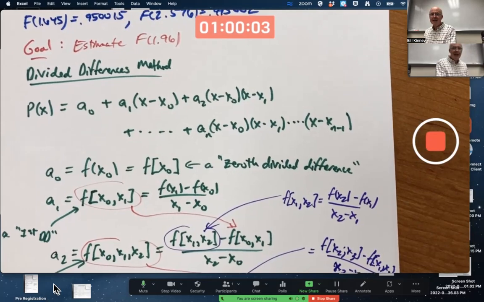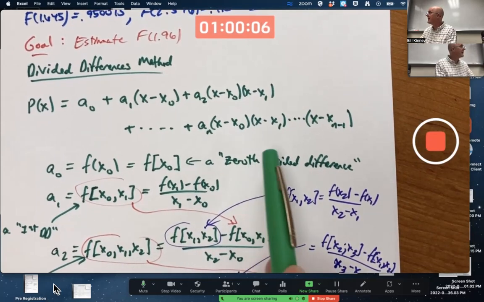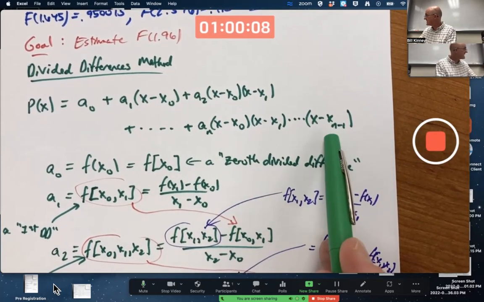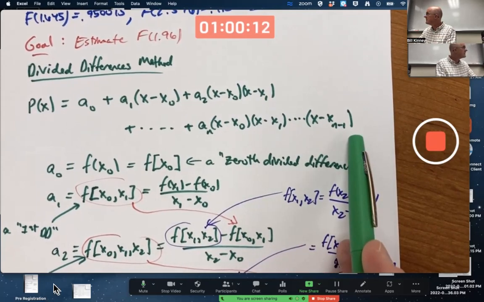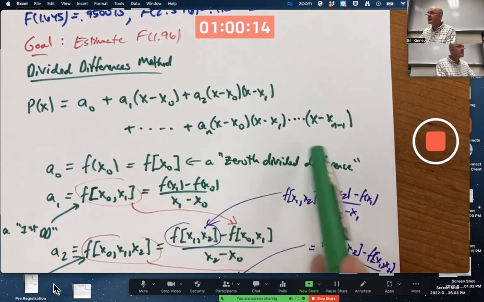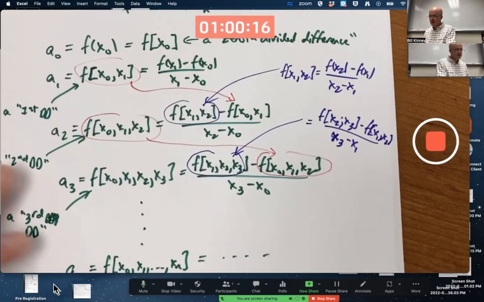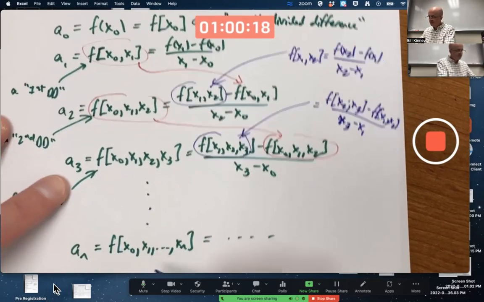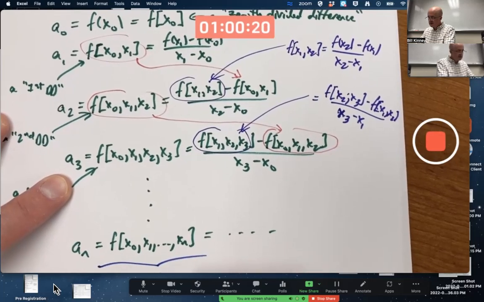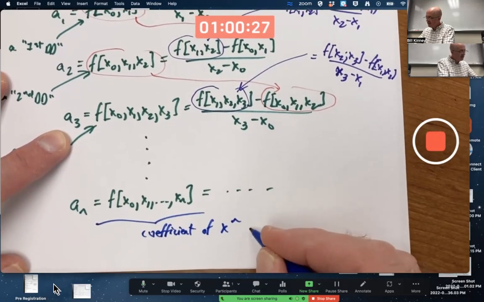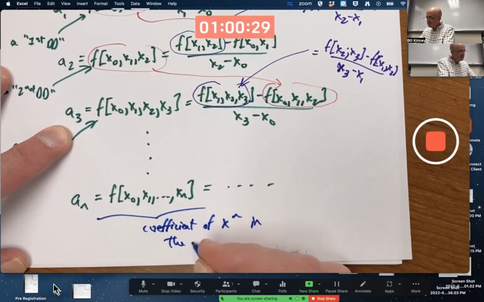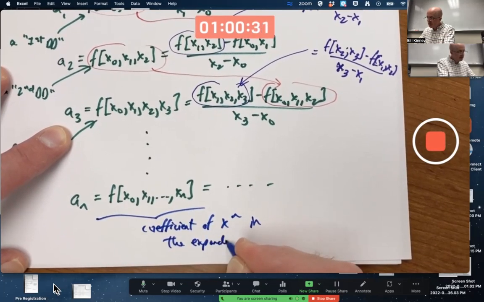But AN is the coefficient of x to the n, because the only way you get x to the n is with this last term, because you've got n factors there. And you will get an AN times x to the n. This is also the coefficient of x to the n in the expanded form of the polynomial.